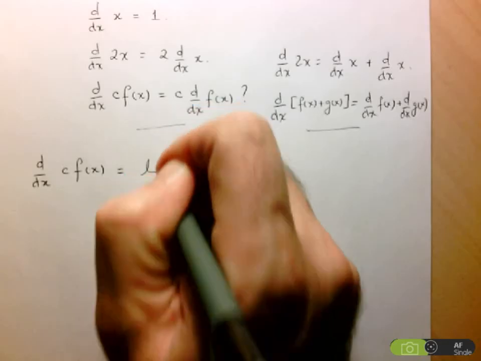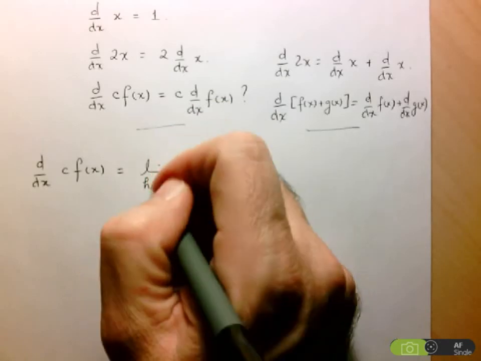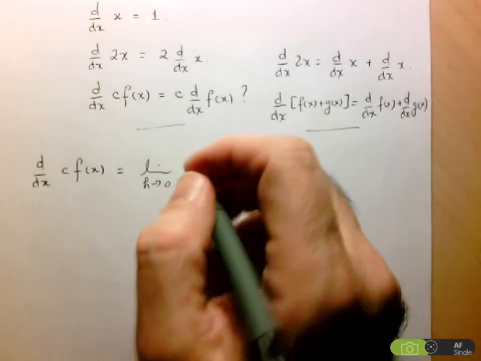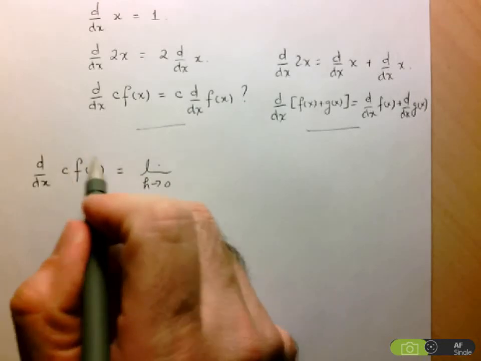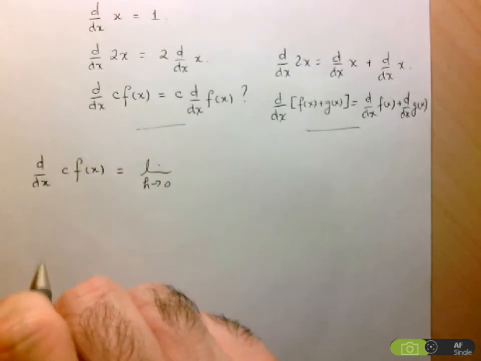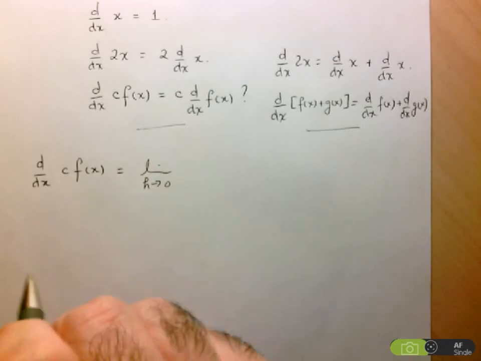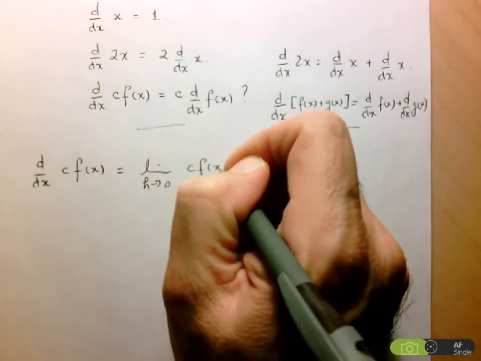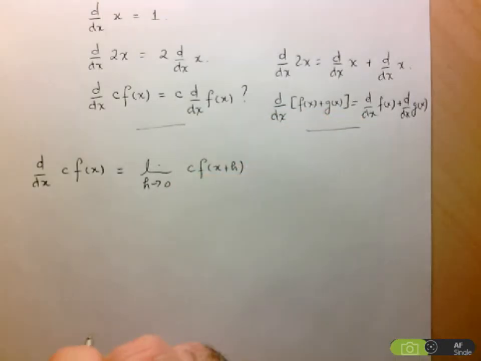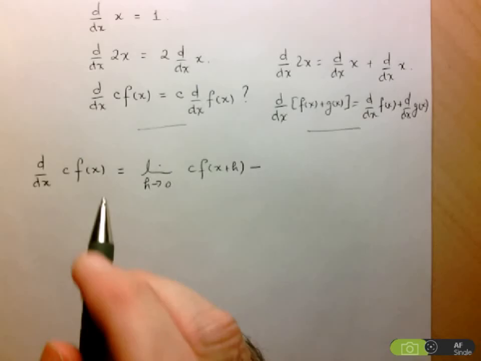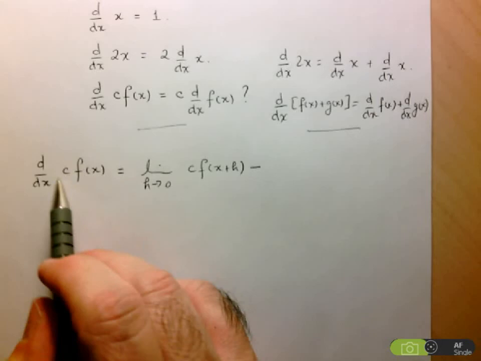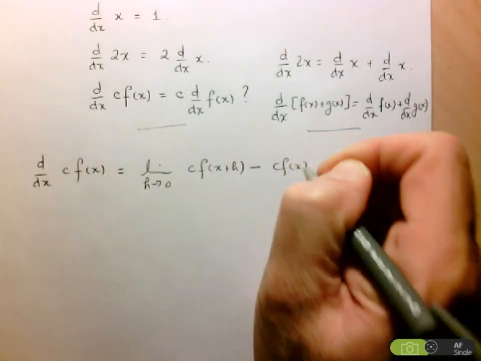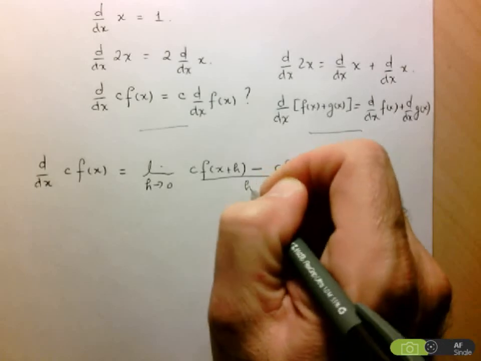So this is going to be the limit as h approaches 0 of this function evaluated at x plus h. c is just a number, so it's not affected by the input. So this is c times f at x plus h, and then from there we have to subtract the function at x, so c times f at x, all over h.